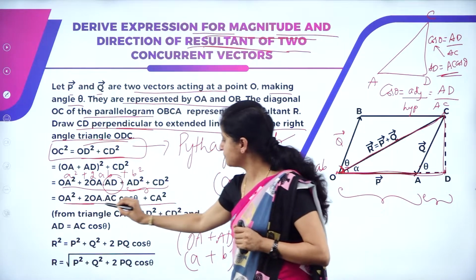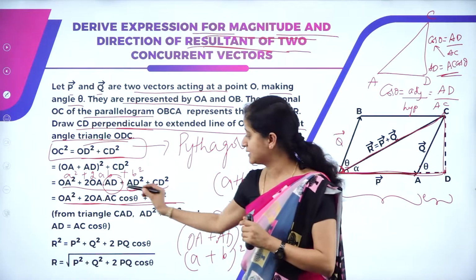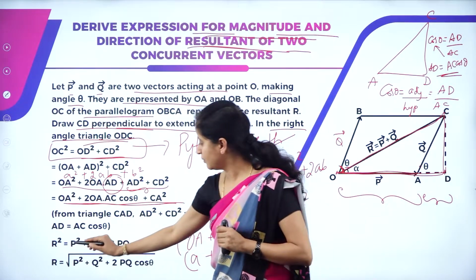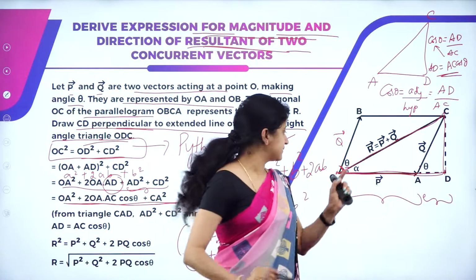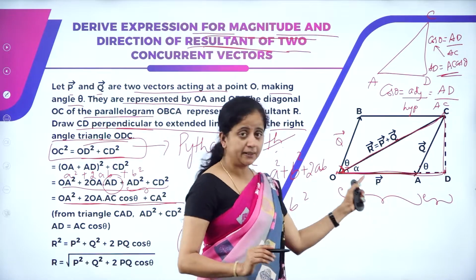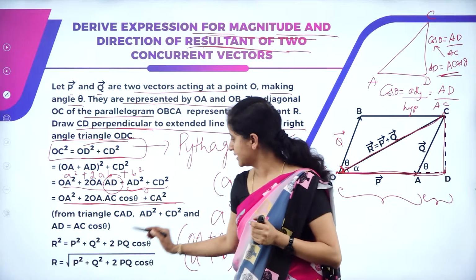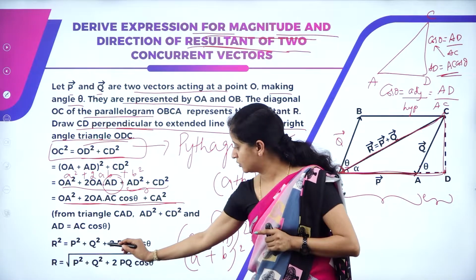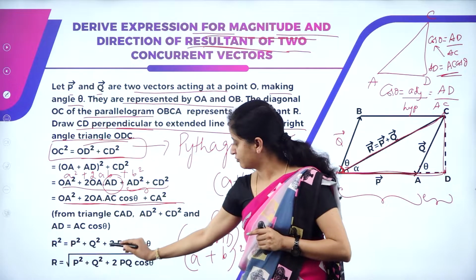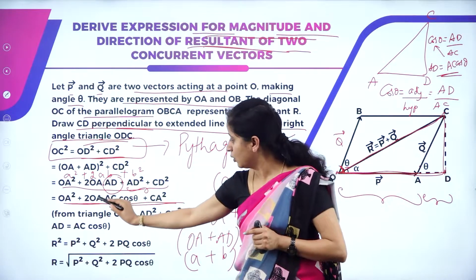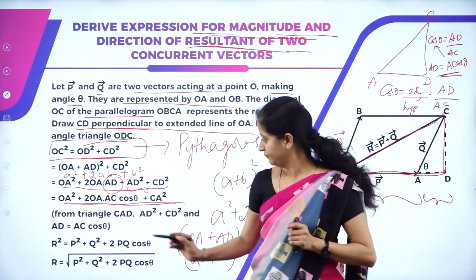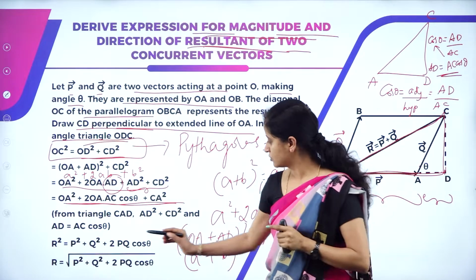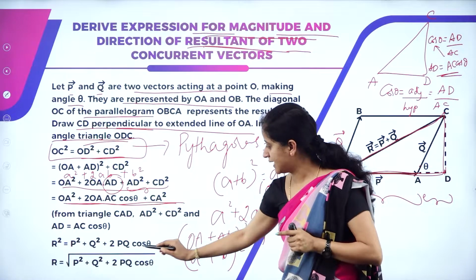So after this expression, we need to replace these terms with the representations. Now we have R square is equal to OA square, and OA is denoted by P, so it is P square, plus CA square, which is nothing but Q. So P square plus Q square, plus in the place of 2, as it is 2, I am retaining, OA is nothing but P again and AC is nothing but Q. So 2PQ cos theta as it is.